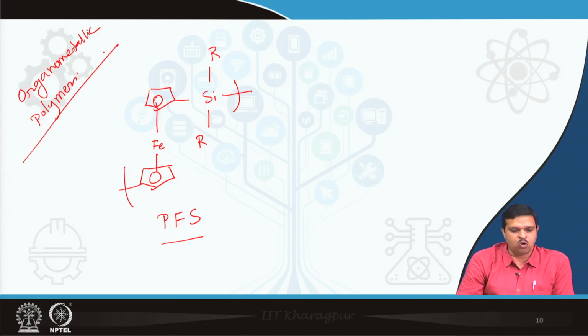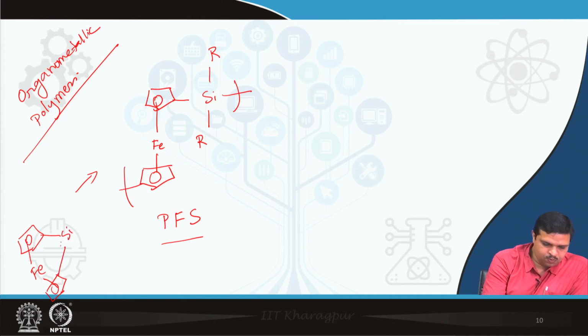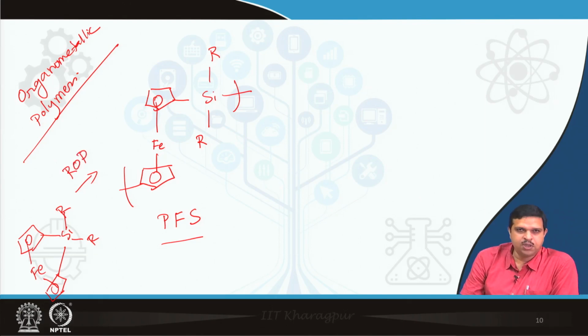We can synthesize it by ring opening polymerization again using this kind of monomer, following anionic polymerization or metal catalyzed polymerization or thermal ring opening polymerization.